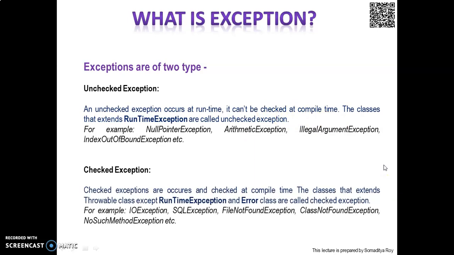Whereas on the other hand, a checked exception can be checked at the time of compilation. Now all the exceptions are throwable. That means we can throw that exception. So basically whenever such an unwanted event happens, the system will create an object of that exception and throw that object.